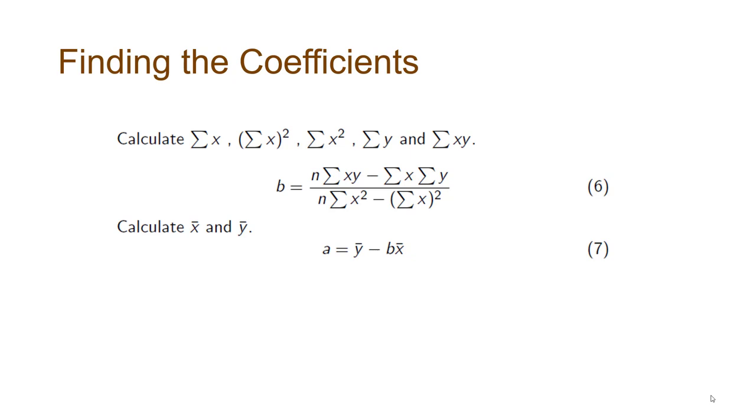Once you've figured out the slope, then you can put that into the equation of the straight line. So y equals mx plus c, or y equals a plus bx. What you do is put in the gradient, you then put in the mean value of y and the mean value of x, and from this you can figure out the constant.